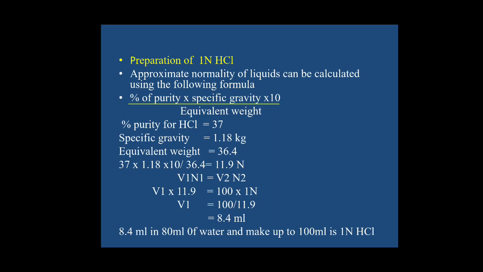Okay, so V1 is equal to 100 divided by 11.9, which is 8.4. So if we take 8.4 ml in around 80 ml of water and then make up the volume to 100 ml, that gives us 100 ml of 1 normal HCl.